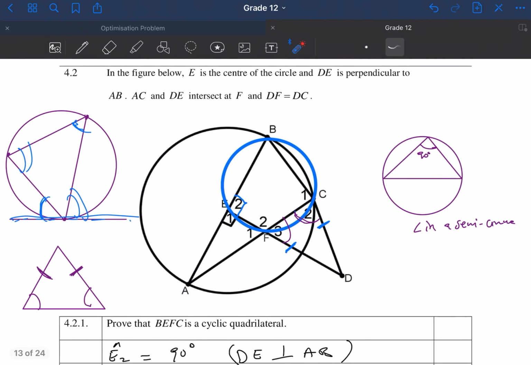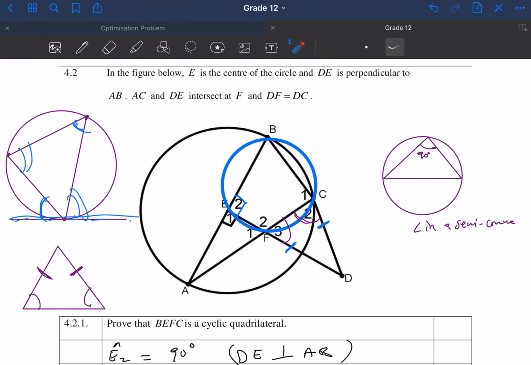It says if this angle is equal to that angle, therefore this is a tangent. The tan chord theorem talks about an angle between a tangent and a chord, and that angle is equal to the opposite interior angle.